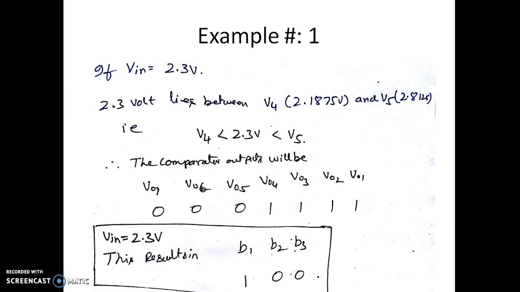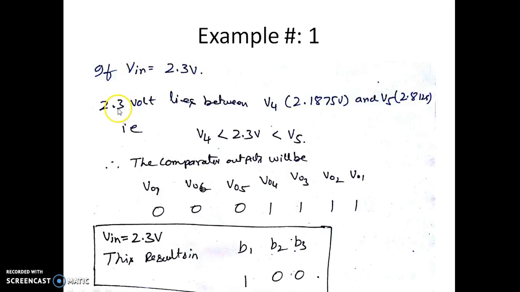So let us take up an example. In this case, we are treating the bottommost resistance as 0.5 R and the topmost as 1.5 R. We'll just verify what is the digital equivalent for 2.3 volts. Suppose the applied voltage is 2.3 volts and your V reference is 5 volts.